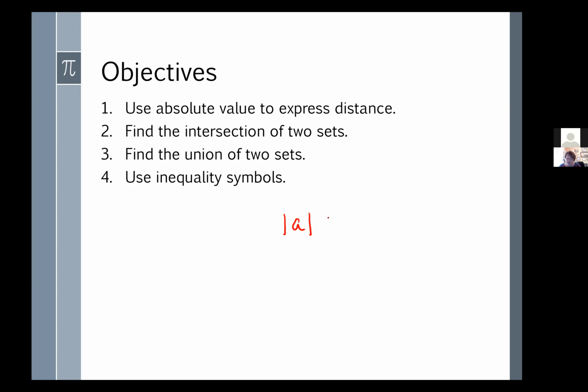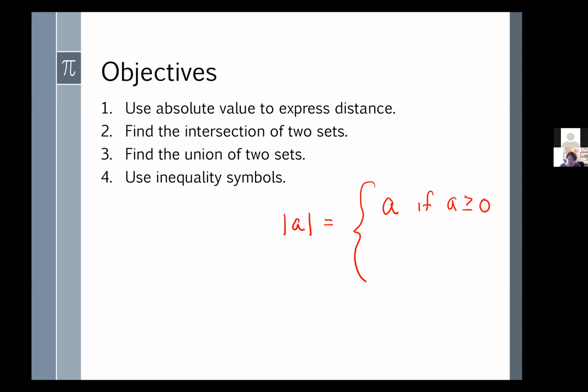And by definition, the absolute value of a number is just that number if that number is 0 or positive.